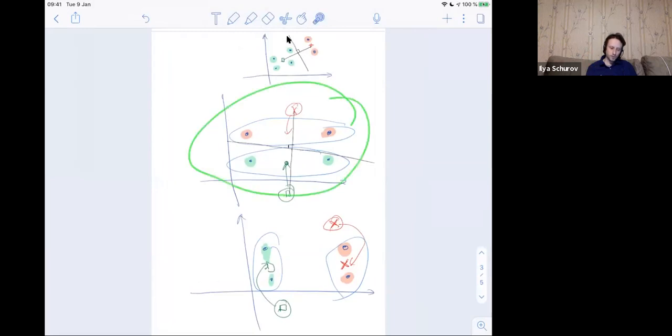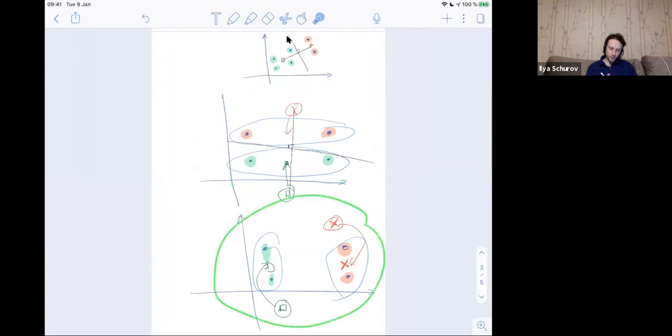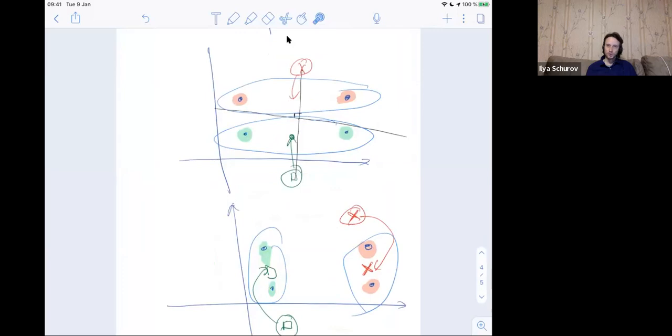For example, if we compare this picture and this picture, we would say that in this case clusters are more compact because these distances are smaller than these distances. So we can say that this clustering is better than this clustering and just stick with this result. And this is what clustering algorithms usually do.